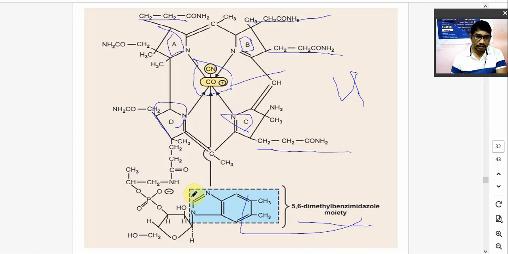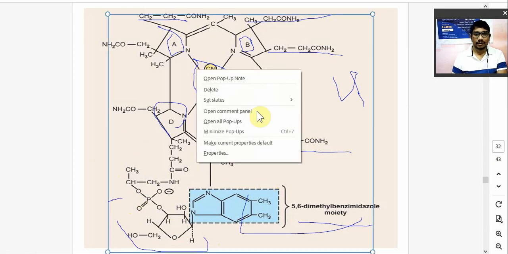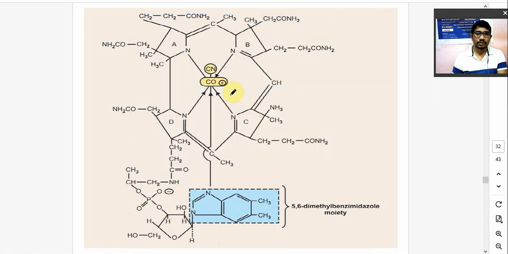देन इसमें एक शुगर भी होता है, sugar and phosphate group. So this is the structure of your cyanocobalamin. Cyano is because of this cyanide ion, and coba is for this cobalt, and amine is for this amine: cyanocobalamine.